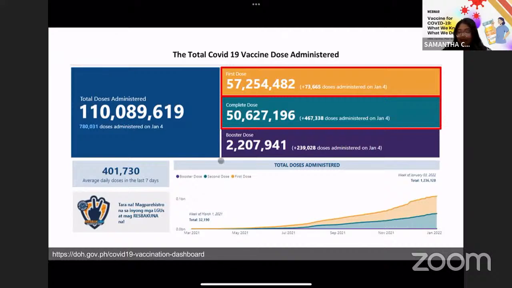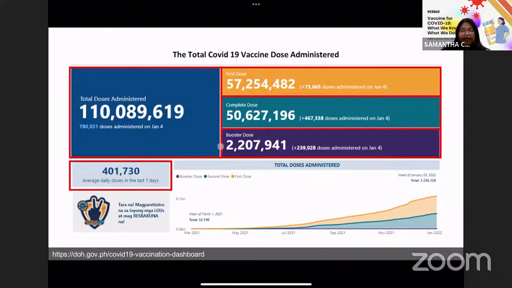And lastly, 2,207,941 people already received their booster dose. So all in all, as of January 4, 2022, which was yesterday, the total COVID-19 vaccine doses administered here in the country is 110,089,619, which is an average of 401,730 daily doses in the last 7 days.